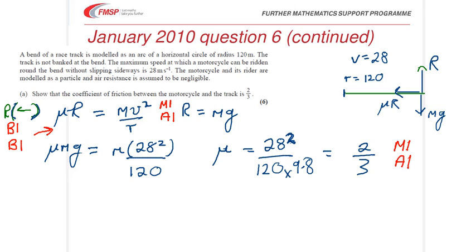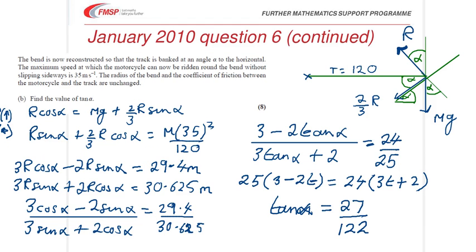For part B, where we had a total of 8 marks, there was M1 A1 twice for the resolving. So an M1 A1 for resolving vertically, and an M1 A1 for resolving horizontally.